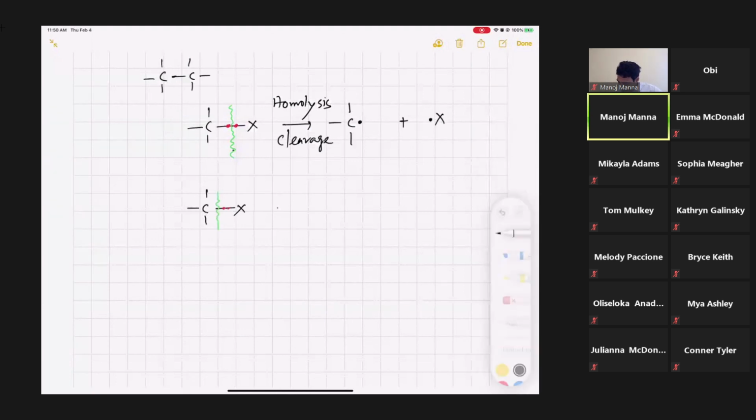We get carbon plus X. Now what happened? 2 electrons go over X, right? That's why you have a negative charge over here, and carbon is deficient by 1 electron and becomes a positive charge. This kind of bond dissociation we call heterolytic bond cleavage.